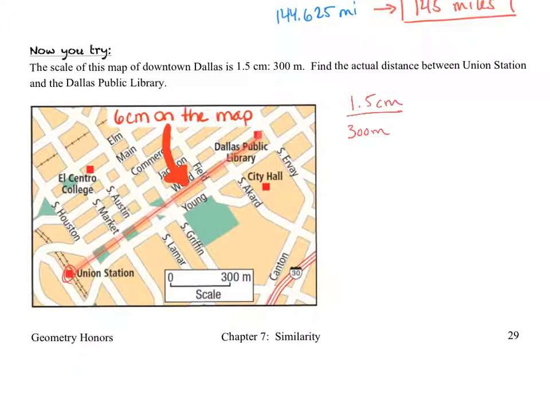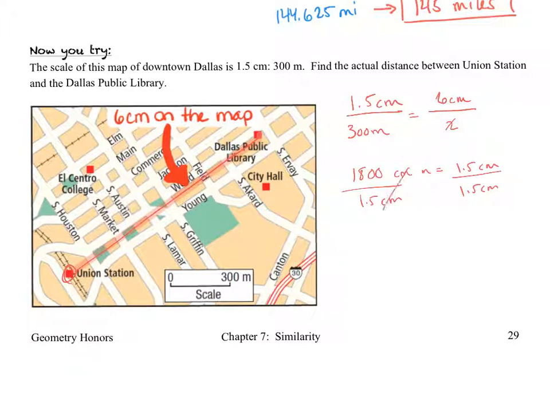Okay, well, we know that's 6 centimeters based on what's written on this map for me. And so that's going to be equal to 6 centimeters over, we don't know. So now we cross multiply, we get 1,800 centimeter meters equals 1.5 centimeters times x. Divide both sides by 1.5 centimeters.